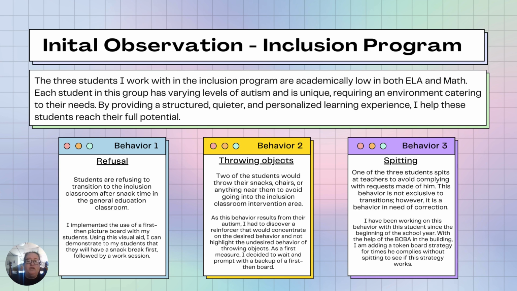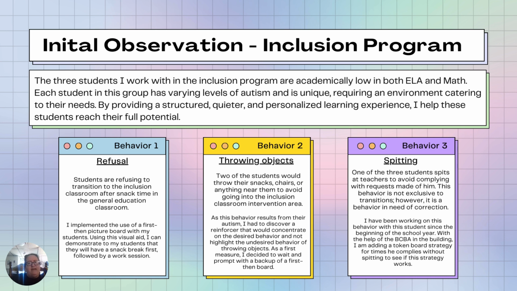My behavior 2, throwing objects. 2 of my students would throw their snacks, chairs, or anything near them to avoid going into the intervention classroom area.